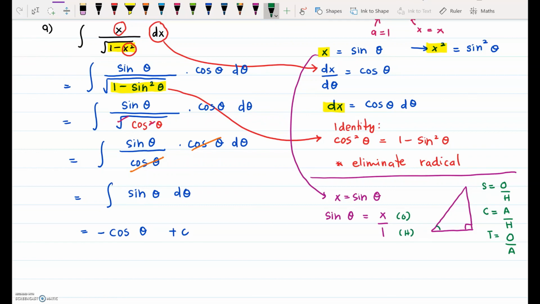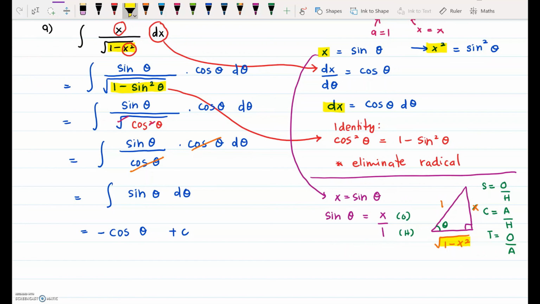If you draw it, let's say this is your theta. Your opposite will be x, and the hypotenuse is 1. So your adjacent will be the square root of 1 minus x squared. Basically, the terms that we have here will be similar to the terms in your question.